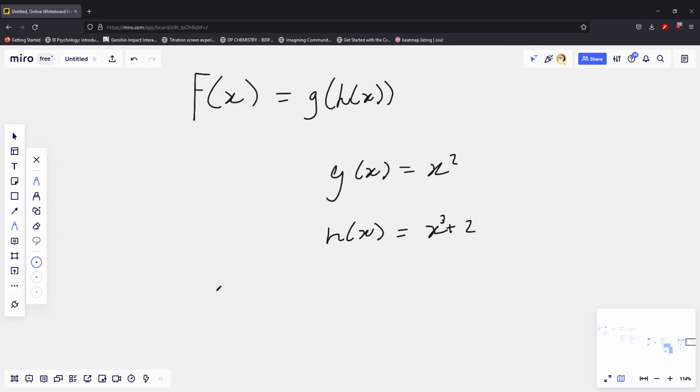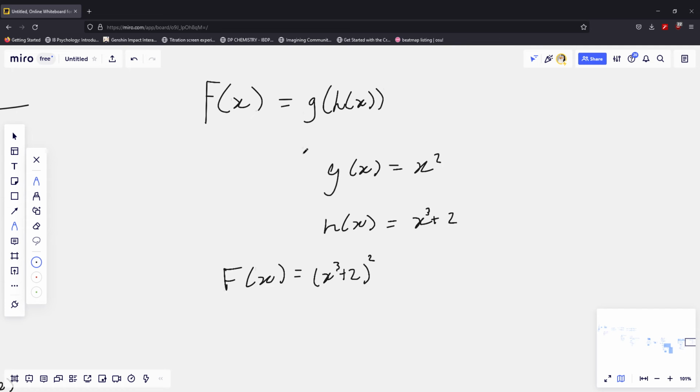So then what can we say? We can say a big f of x is going to be equal to this inside function h of x squared. Look at that. That is the basics of a composition function. It's just two functions put together.